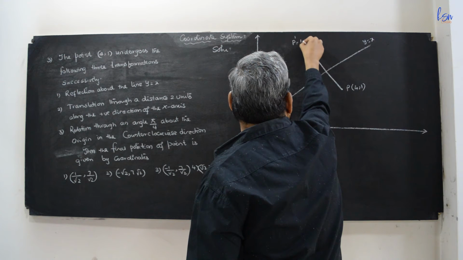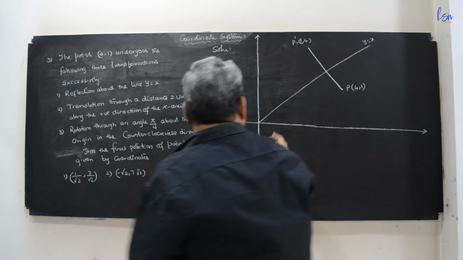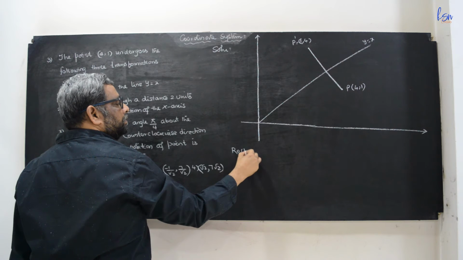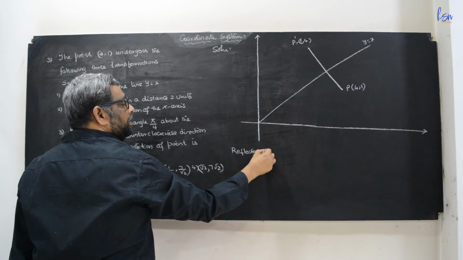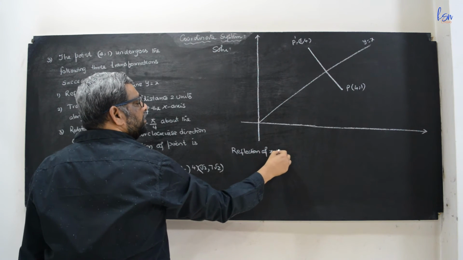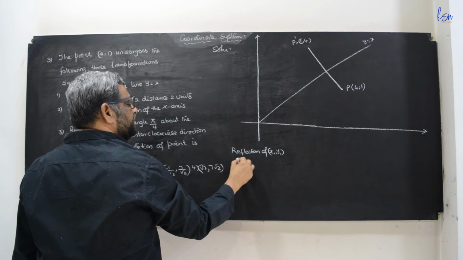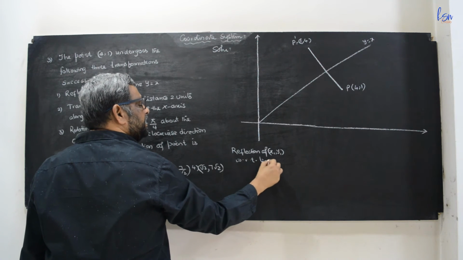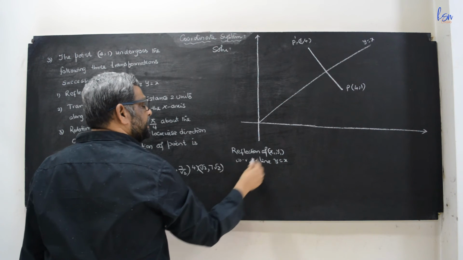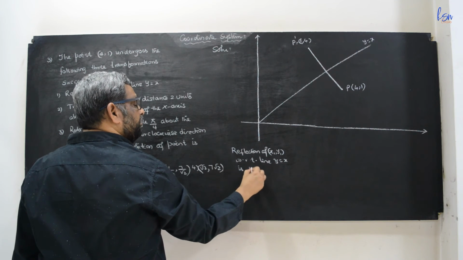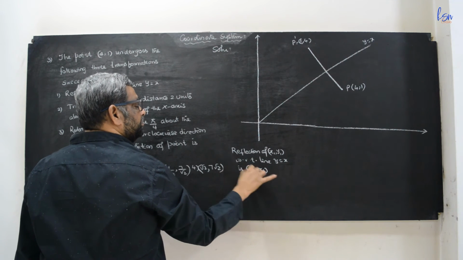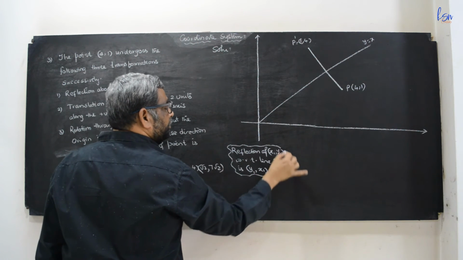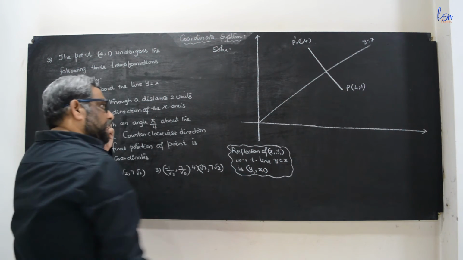This is (1,4). I mean to say, the reflection of (x1, y1) with respect to the line y equal to x is (y1, x1). This is the formula.